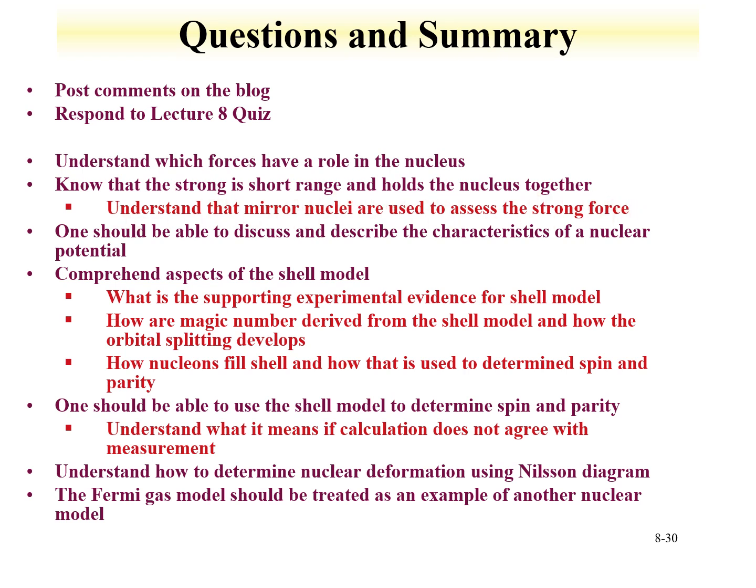One should be able to discuss and describe the characteristics of a nuclear potential. This nuclear potential has some characteristics such as it can stabilize neutrons from decay. You should be able to comprehend the aspects of the shell model. This includes what experimental evidence supports the shell model, how magic numbers are derived, and how the level splitting developed into the shells.